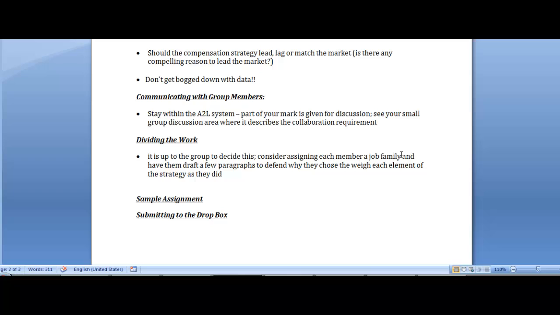So the template and the rationale. One person does those two things for one job family, another person does it for another job family, and the third member does it for the remaining job family.